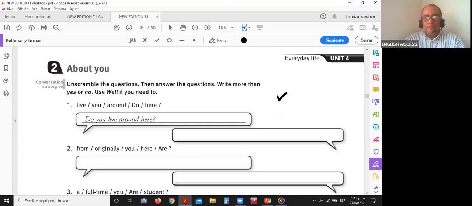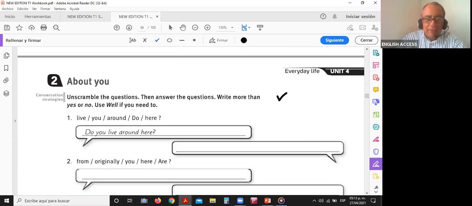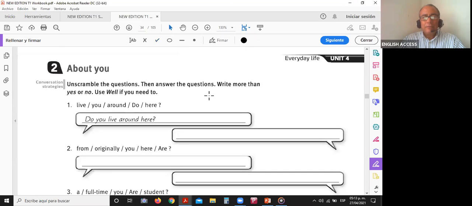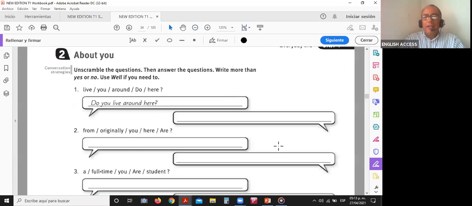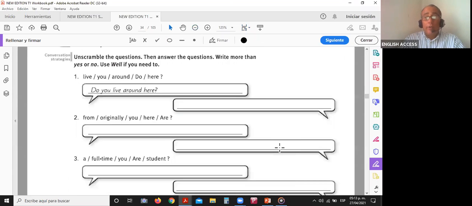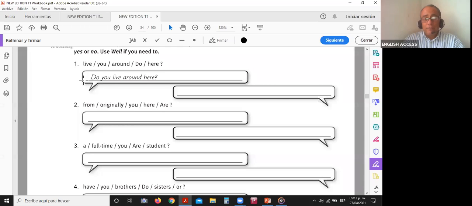Very good. And this is the last activity of lesson C. You need to scramble the questions, put the words in order, and then write the answer. Now let's check the correct order of the questions. For example, number one, it's correct here. It's done.